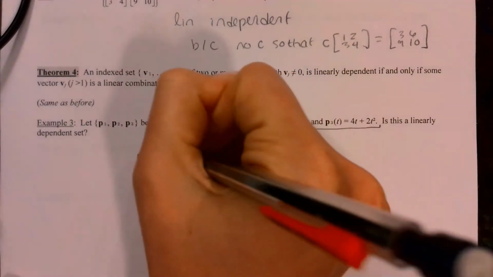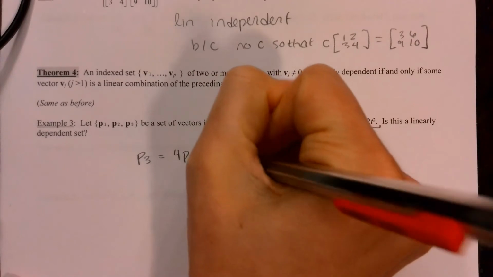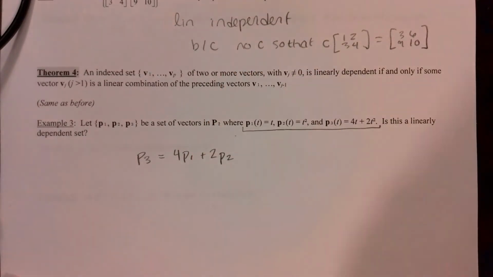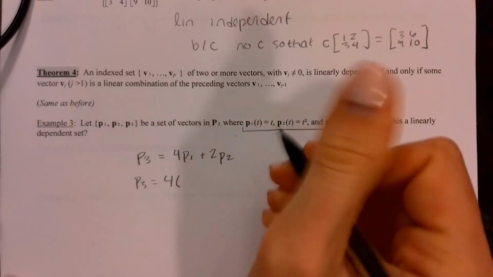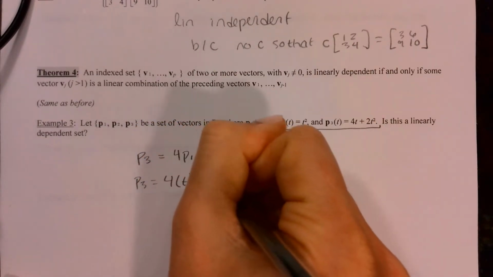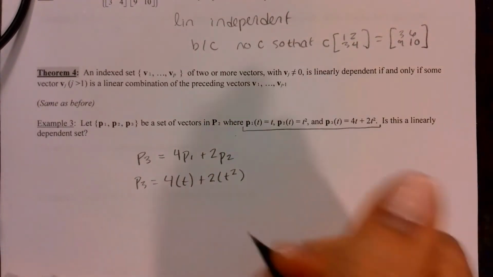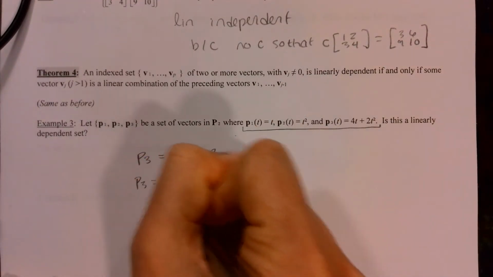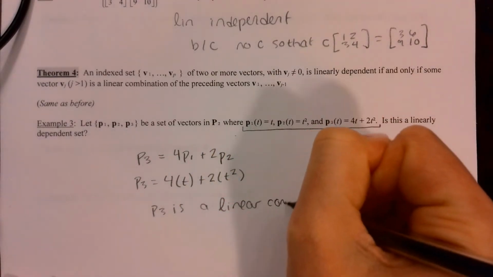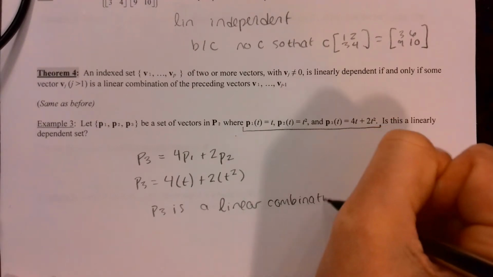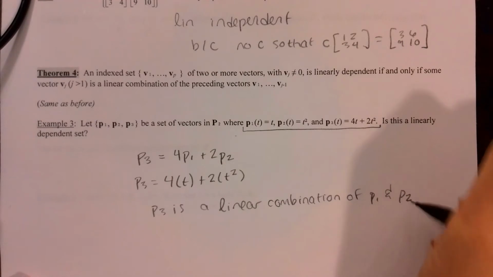I could say that P3 is 4 times P1 plus 2 times P2. Substituting to make sure, with P1 being t and P2 being t squared, yes, P3 is a linear combination of P1 and P2.